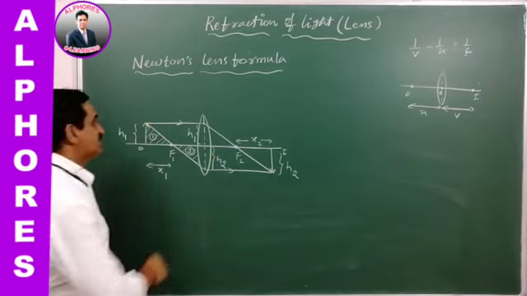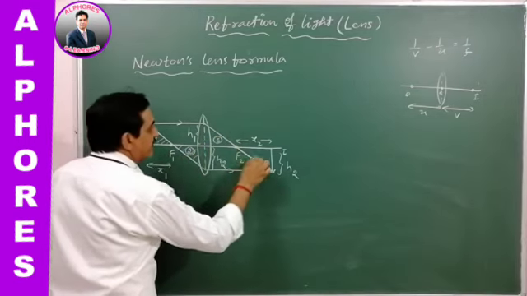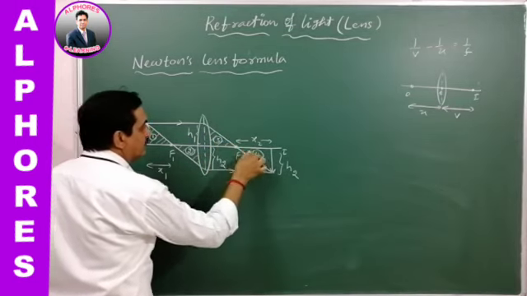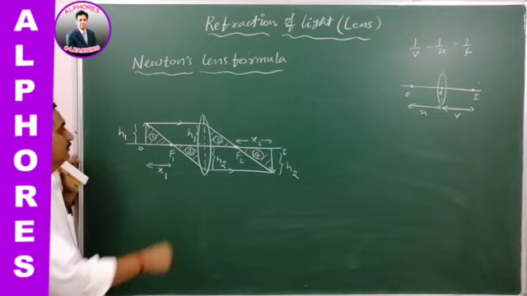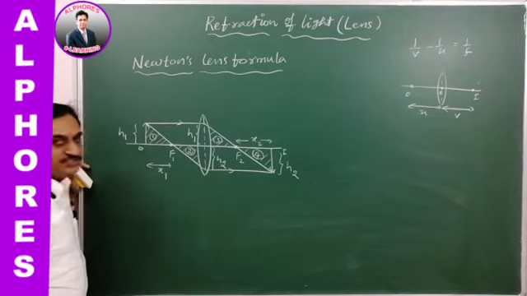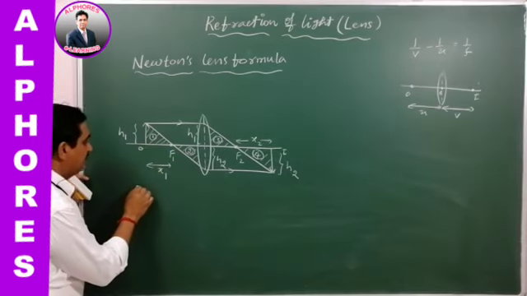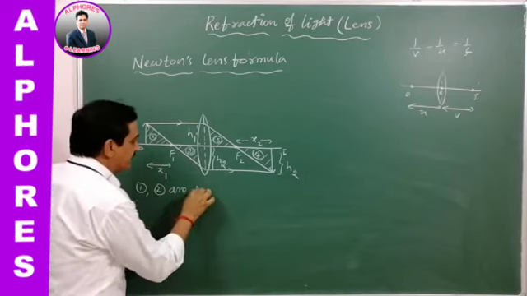Now this is triangle 1, this is triangle 2, this is triangle 3, and this is triangle 4. Here triangles 1 and 2 are similar triangles.